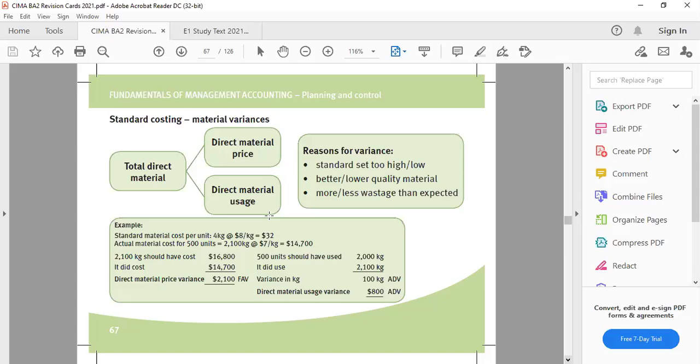So these are the reasons what we can see why would there be a variance arising in the first place. In all situations we can take that estimation was not appropriate, more or less quantity was consumed because of superior or inferior quality of material.